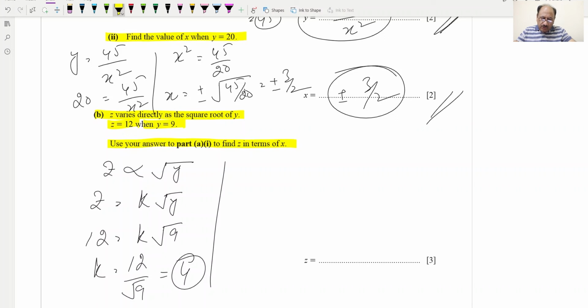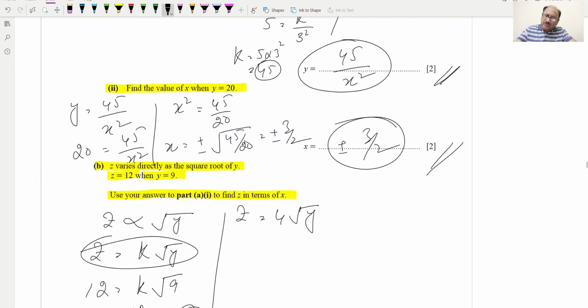Now we know that we can form this equation. Z is equal to, we are replacing in this one, 4 square root of y, and y in terms of x, basically we know y in terms of x is this one, so we will replace.